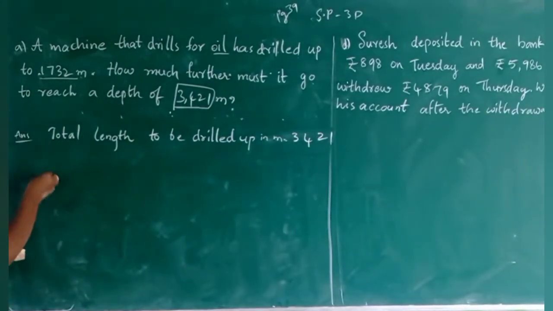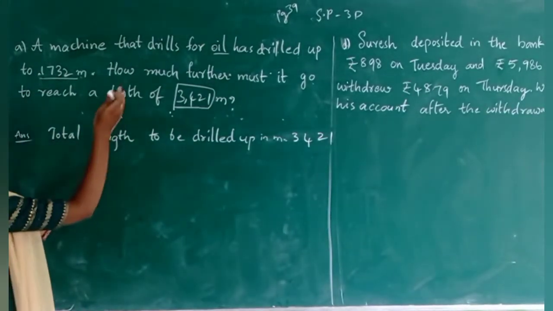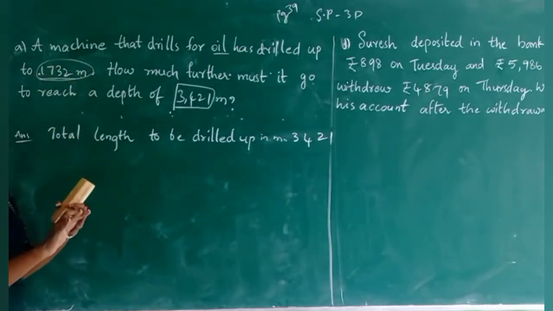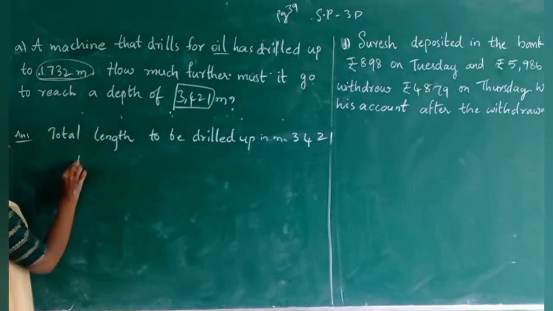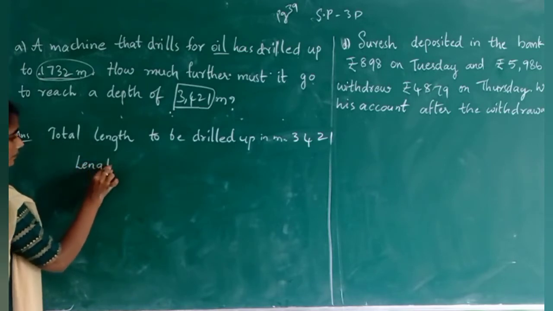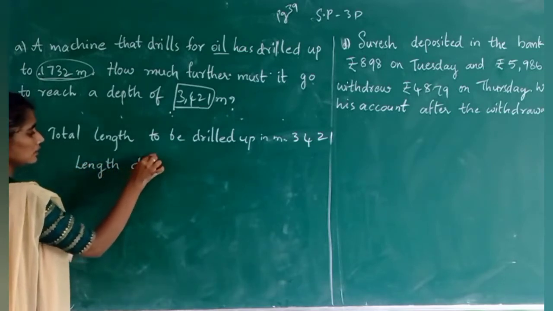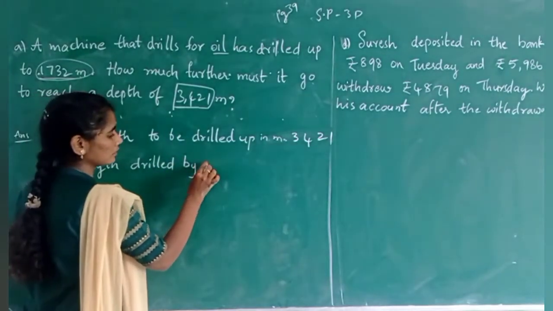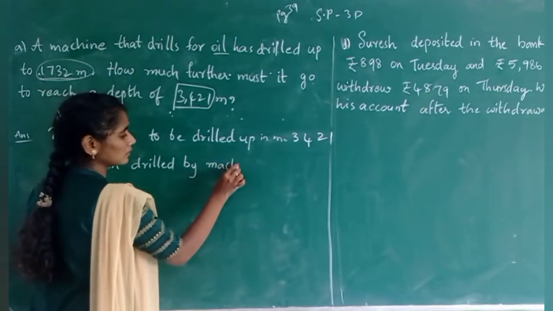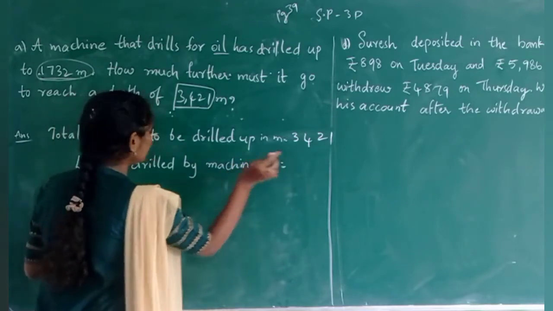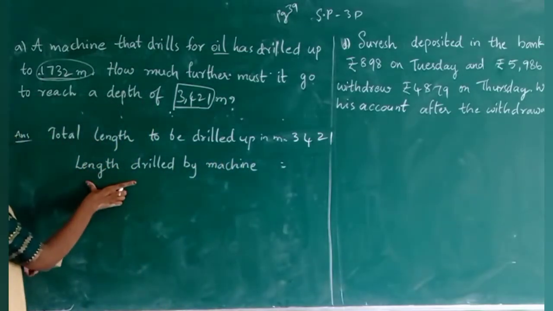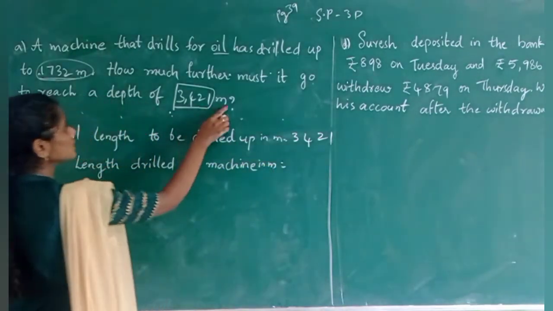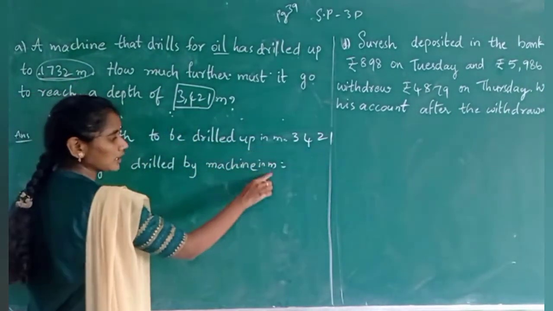Then the second step: the length already drilled by the machine, 1732, is finished. You can simply write length drilled in meters. We are mentioning meters only, so we mention it in meters.